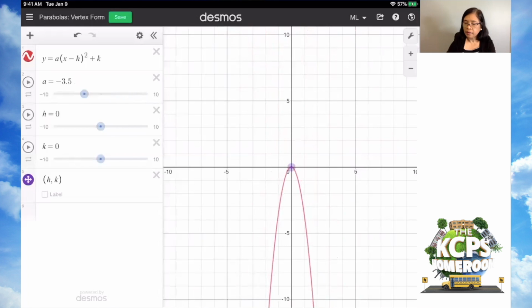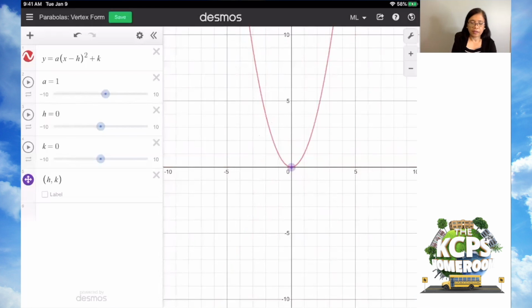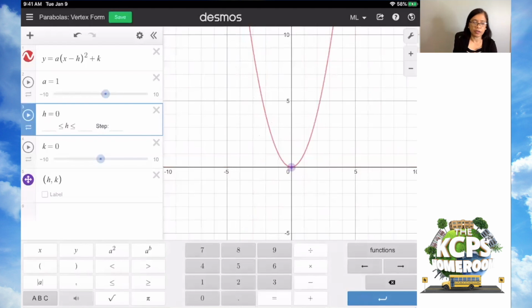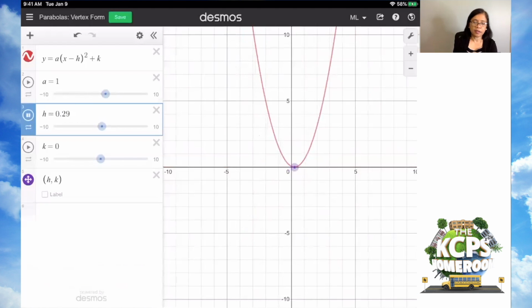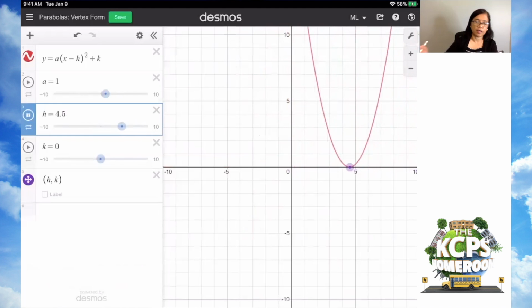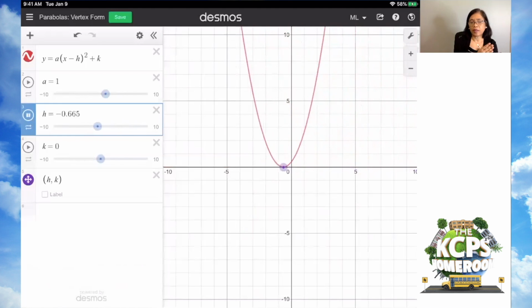Then when we change the value of h, we keep a constant. We're not changing the width or reflecting it across the x-axis. Let's change the value of h. When h is positive, it moves to the right. Then it moves to the left when it's negative.